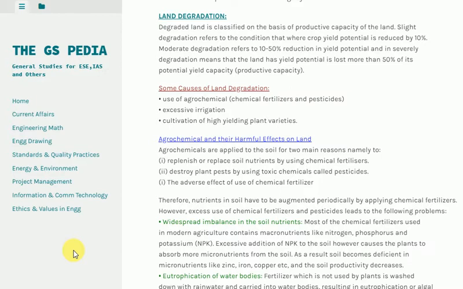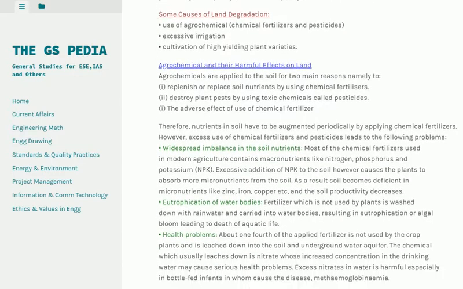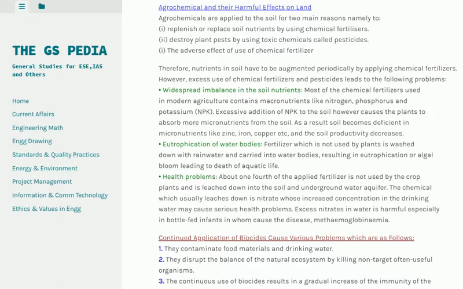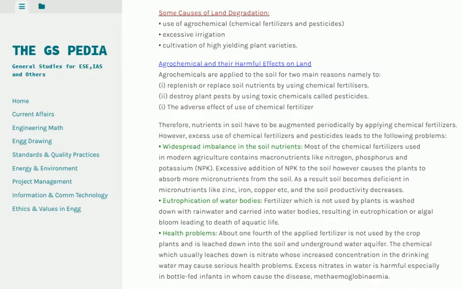The adverse effect of use of chemical fertilizer. Nutrients in soil have to be augmented periodically by applying chemical fertilizers. However, excess use of chemical fertilizers and pesticides leads to the following problems: widespread imbalance in the soil nutrients.